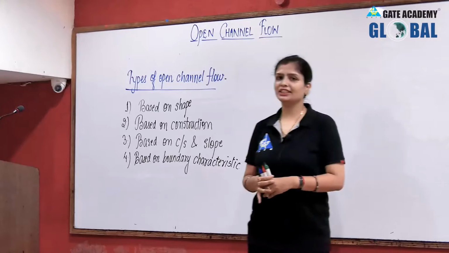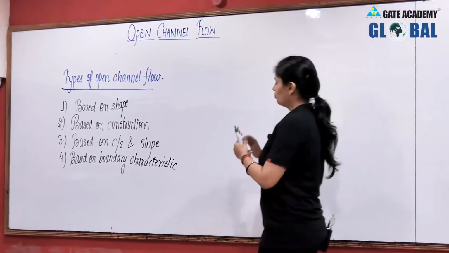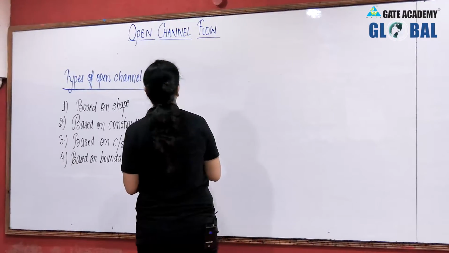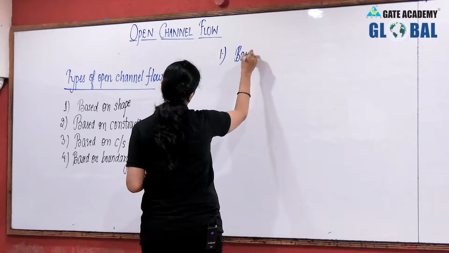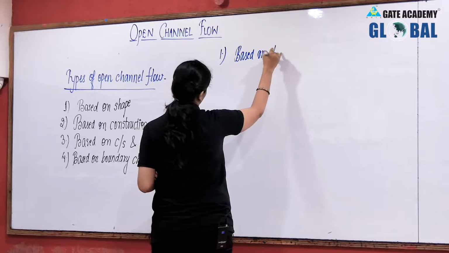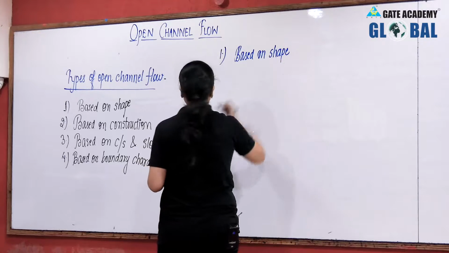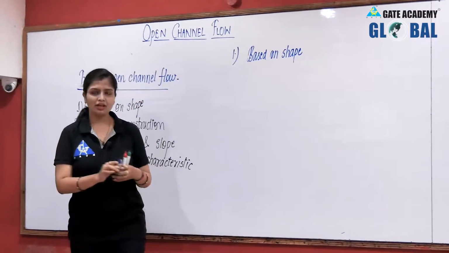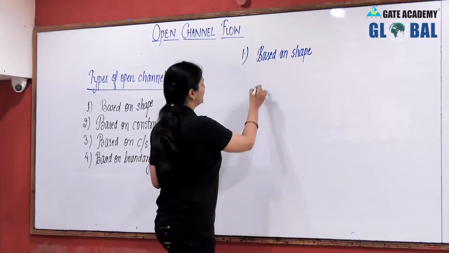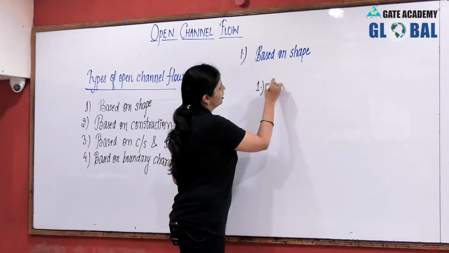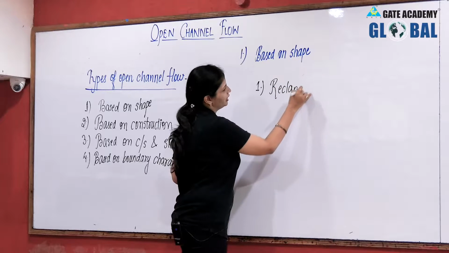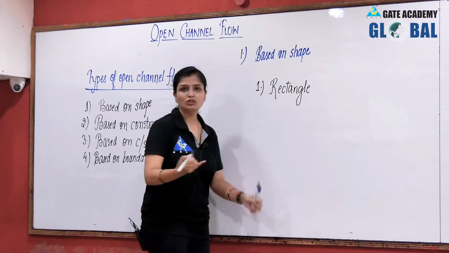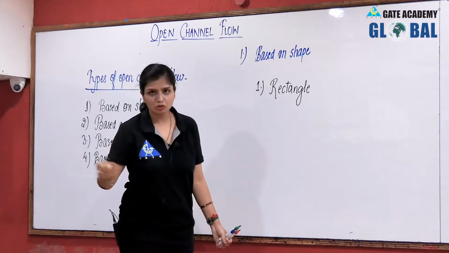First one is based on shape. So first one is types of open channel flow based on shape. Based on shape, first one is rectangle. You'll encounter questions also, rectangular open channel flow, a wide rectangular open channel flow.